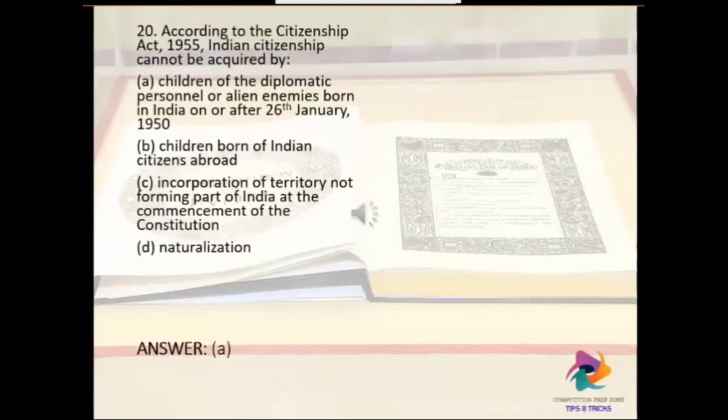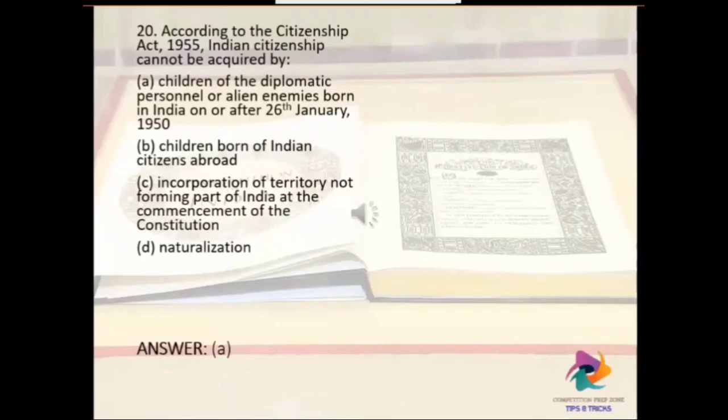Question number 20. According to the Citizenship Act 1955, Indian citizenship cannot be acquired by A. Children of diplomatic personnel or alien enemies born in India on or after 26 January 1950. B. Children born of Indian citizens abroad.